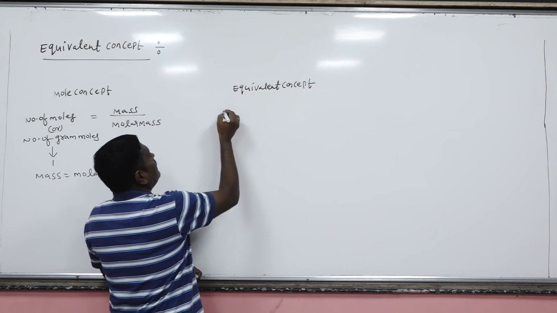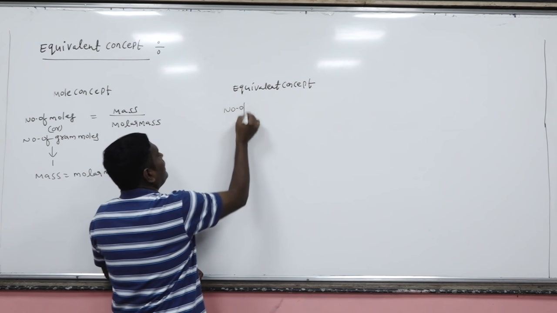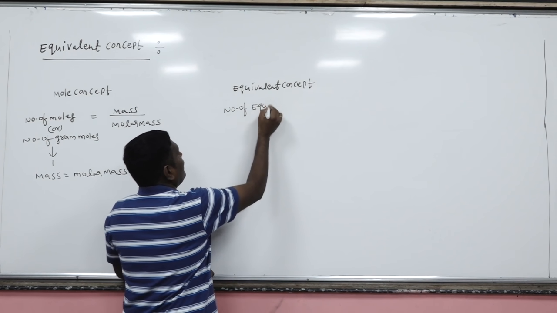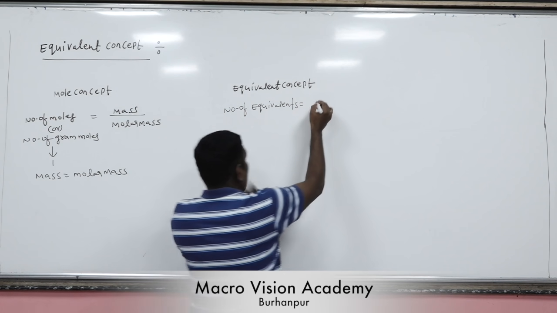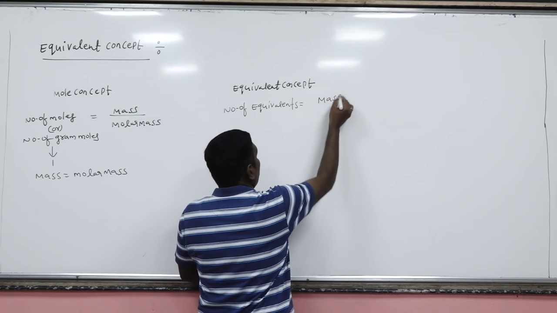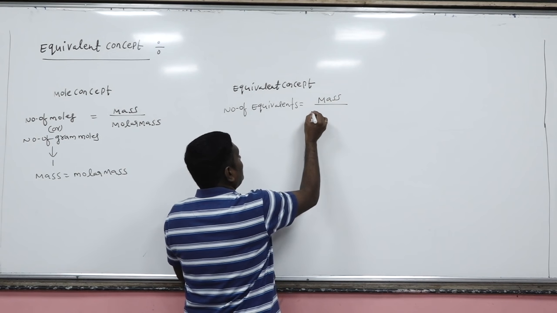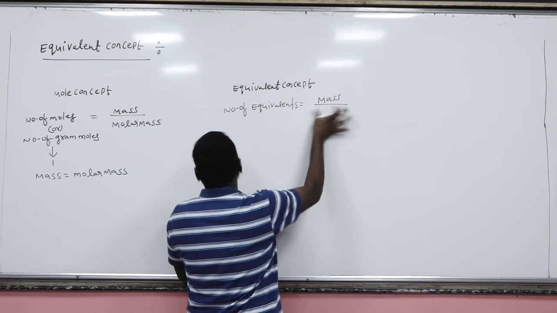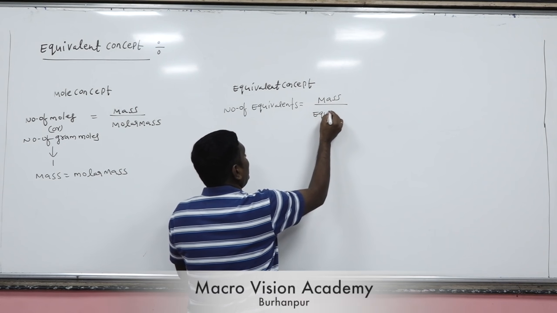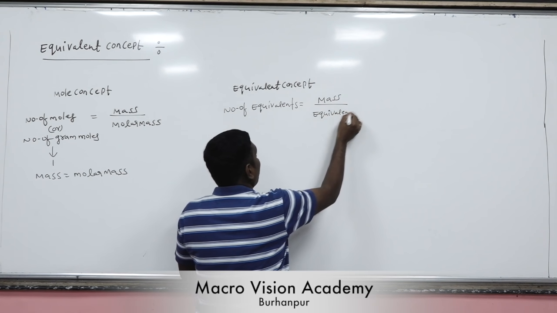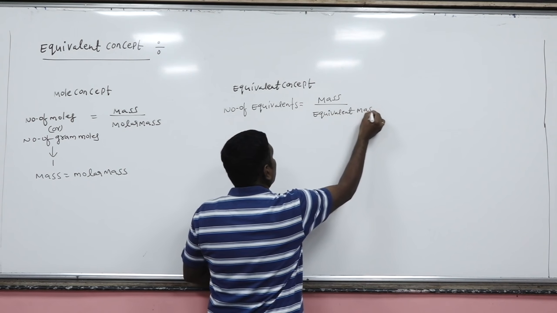From equivalent concept, number of equivalents is equal to, here also, mass upon gram equivalent mass.